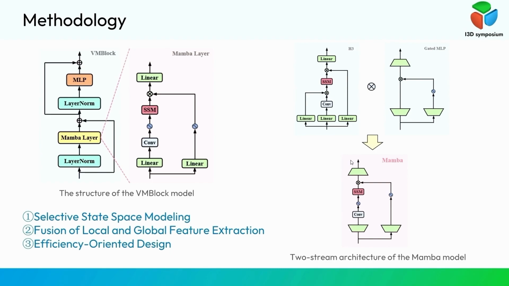This not only significantly reduces computational overhead, but also makes the VM block particularly well suited for real-time applications, such as AR/VR hand interaction systems. In summary, through adaptive dynamics, local-global feature fusion, and efficient design, the VM block significantly advances our framework's ability to understand and reconstruct complex hand interactions.